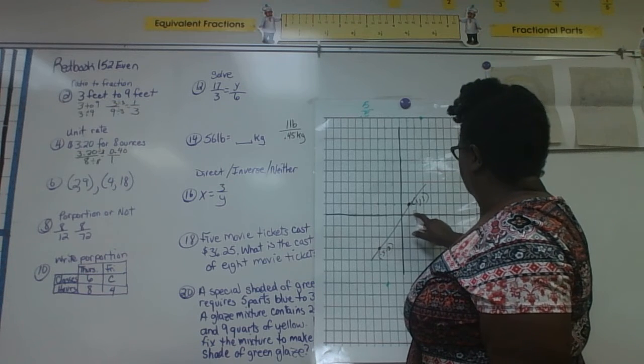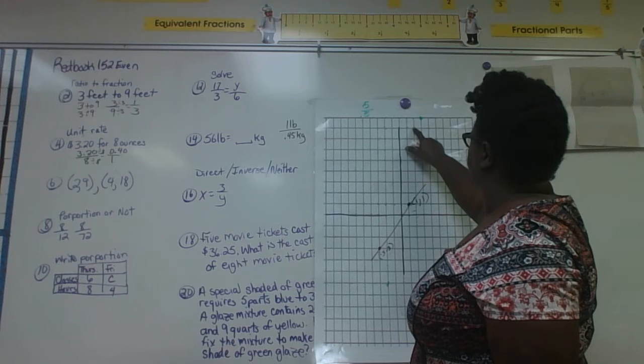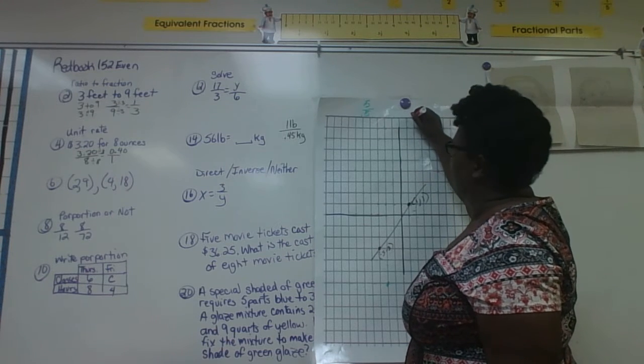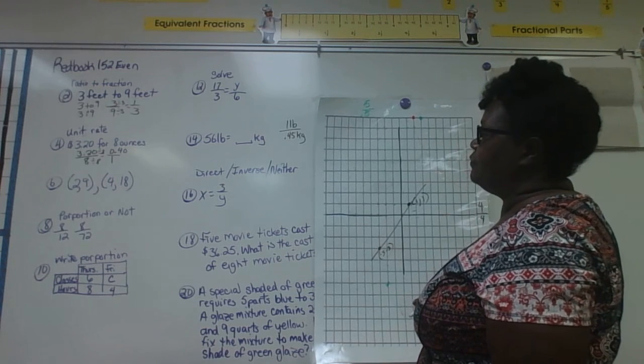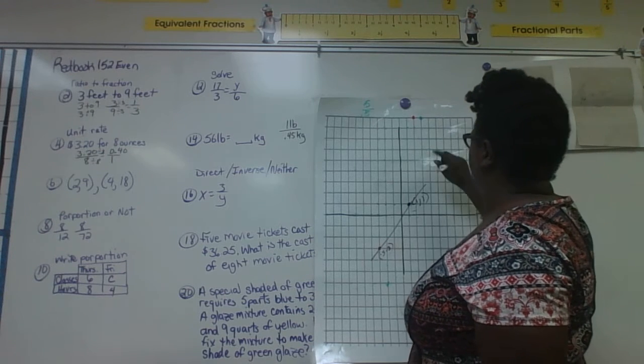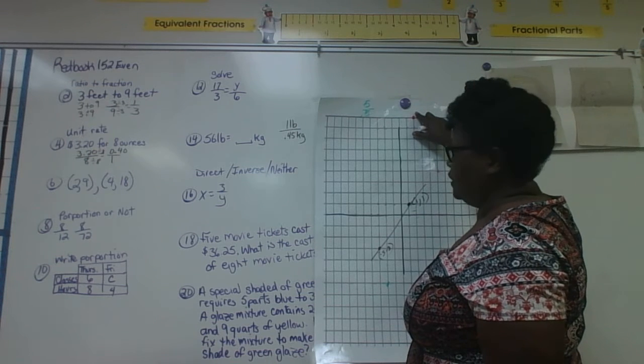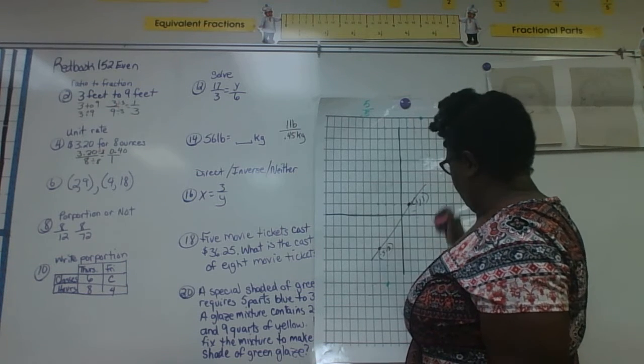We have 1, 2, and then 9. 1, 2, 3, 4, 5, 6, 7, 8, 9. Here we are. Then we have 4/18. Well, that's a bit stretching it. So what we want to do is we're going to create a graph that's a little lower. Okay?